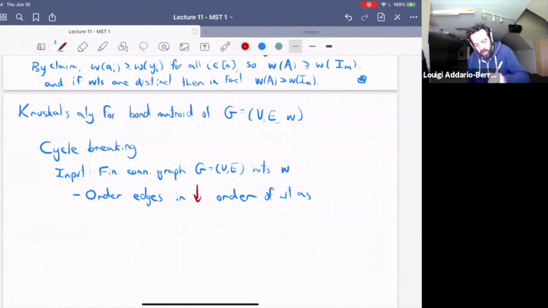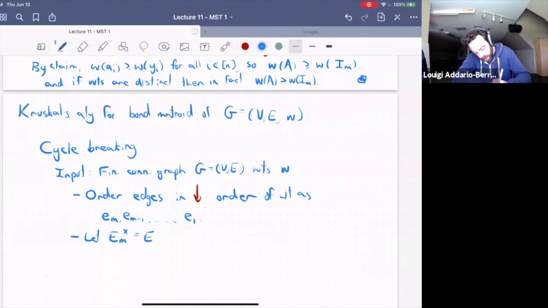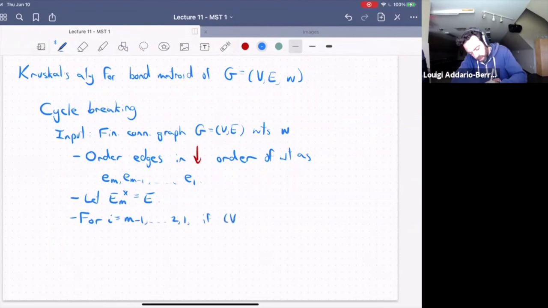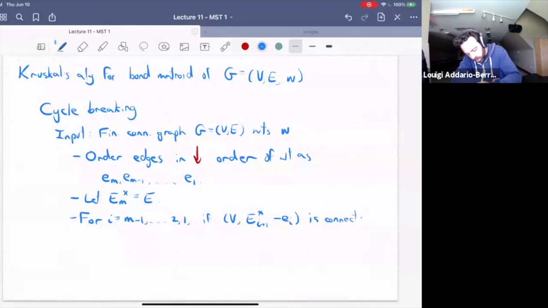But so let's order the edges in decreasing order of weight, and I'll write them as E_m down to E_1, just to make it clear it's the reverse order from before. And then we can start from the set of edges, which is all the edges. Then for i from m-1 down to 1, if removing edge E_i from whatever graph we've built so far leaves the graph connected, then we remove it.